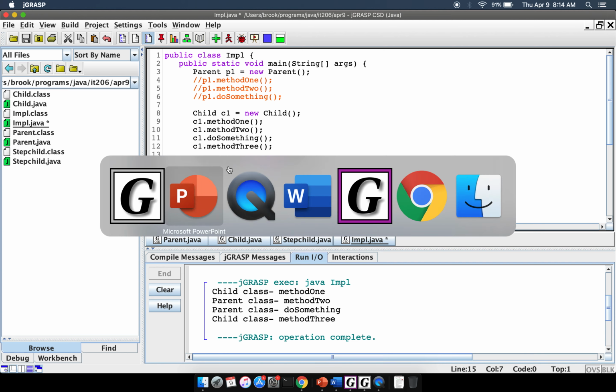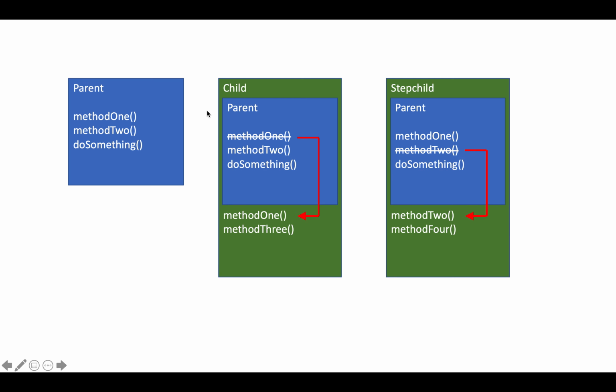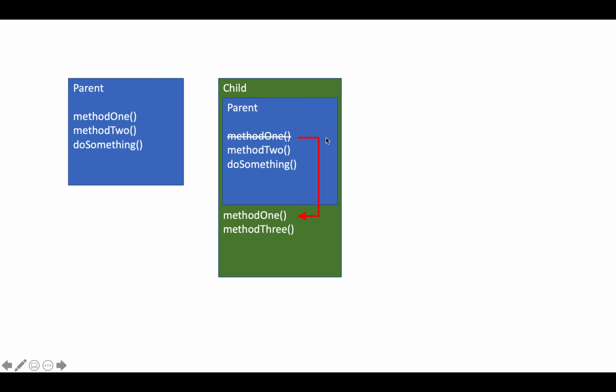So if I go back to my diagram, I've created a new child object, but when I refer to it as a parent, that means I can only execute the methods that are inside this blue square here.